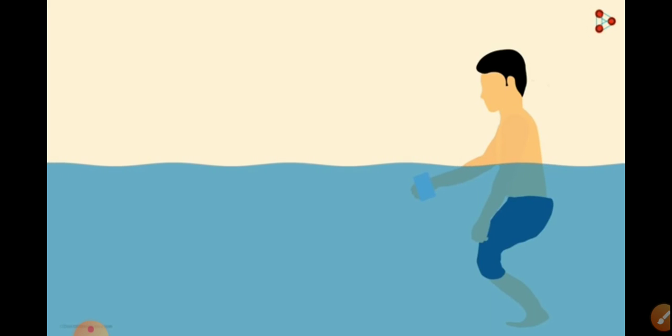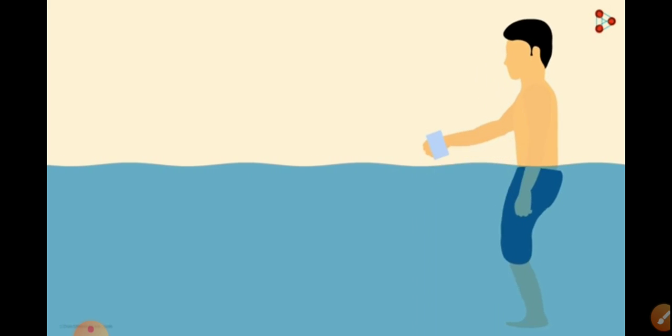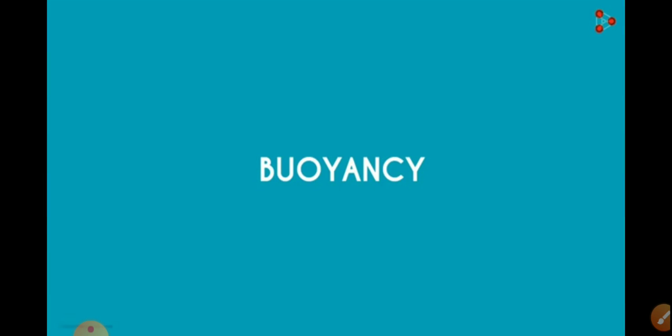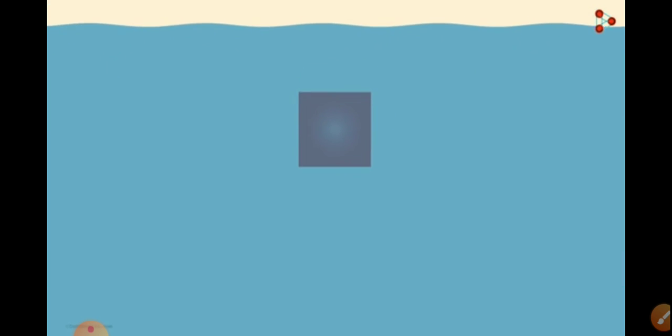When we hold it inside the water, we feel less weight, and the same glass above the surface of the water feels more weight. Why does this happen? Objects inside the water feel less weight. So this is called buoyancy or the buoyant force.